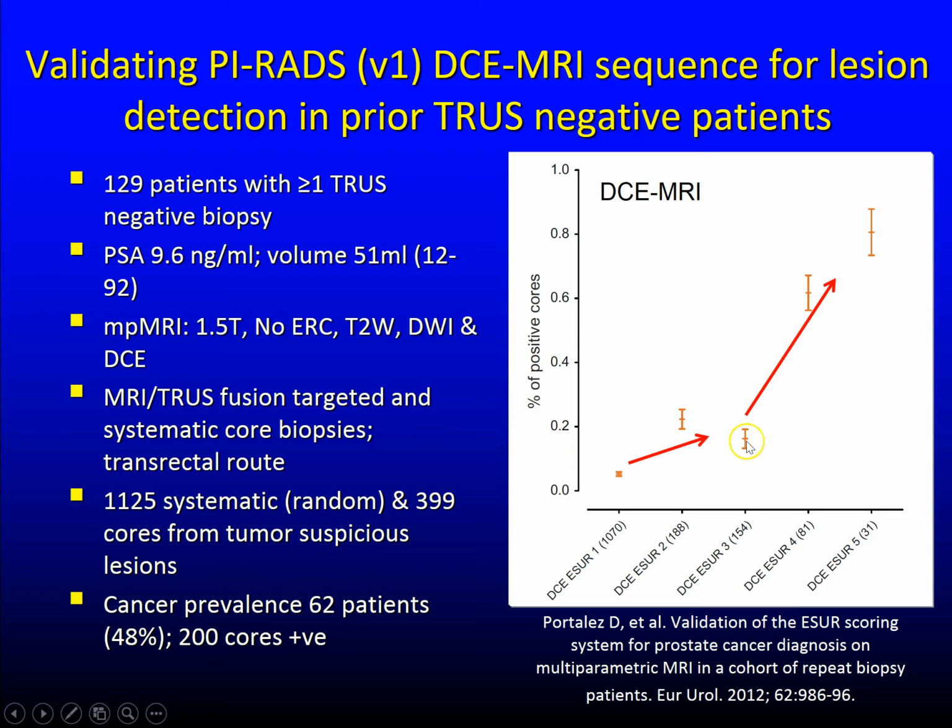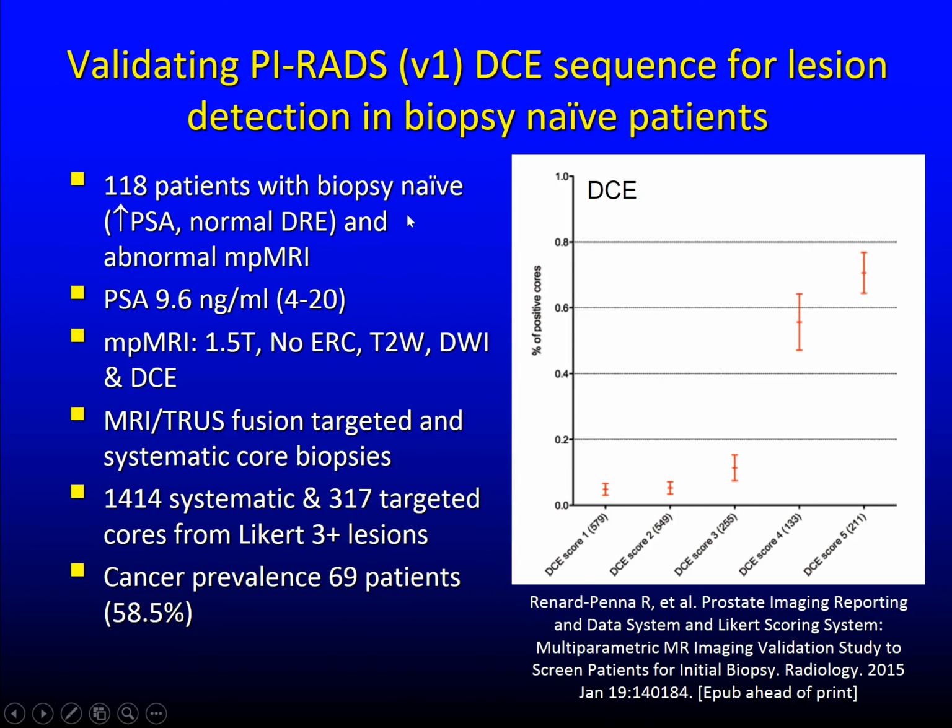Similarly, if you have a PI-RADS 3, the chances of you getting a positive core of clinically significant cancers is about 20%. However, once you have a score of 4 or a score of 5, you can see that the prevalence of clinically significant disease increases to about 60% and about 80% in truss negative biopsy patients.